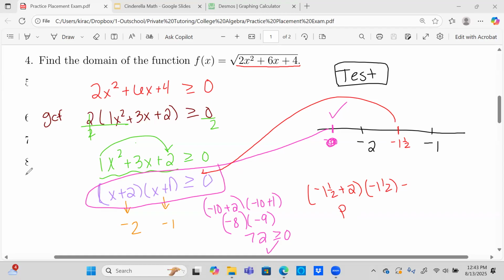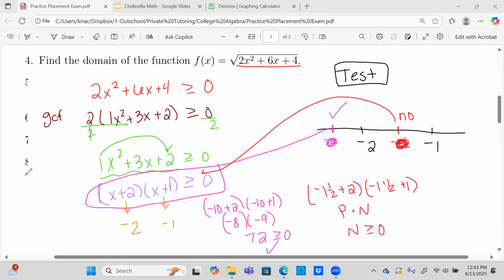Oops, if I could write correctly, that'd be good. -1.5 plus 1. That's going to be negative. And a positive times negative is negative. Is a negative bigger or equal than 0? No. So put a no here. And scribble this out because we could have picked any number in between.